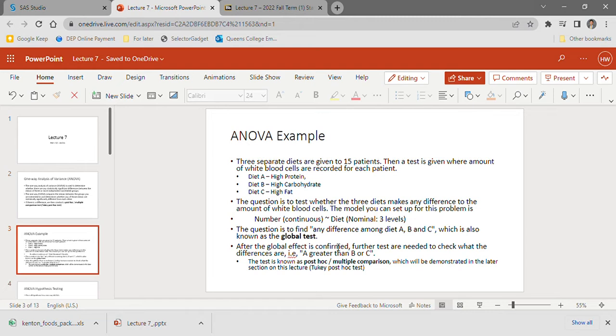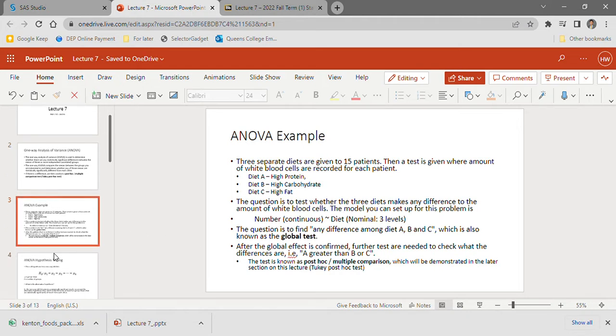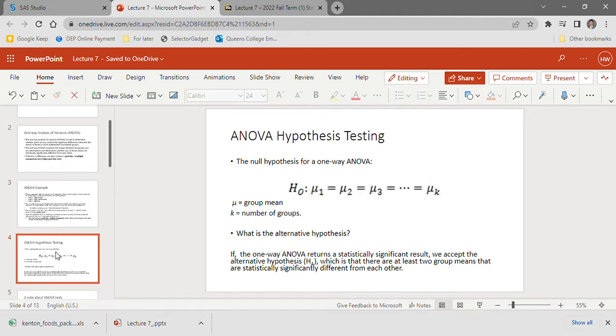So using this example, maybe you're a researcher and you suspect that one of these macronutrients is protective for white blood cell counts, and so you conduct this experiment and you find that, hey, look, in fact there are differences. Then you want to find out who's the standout, which is the standout group that we're most interested in.